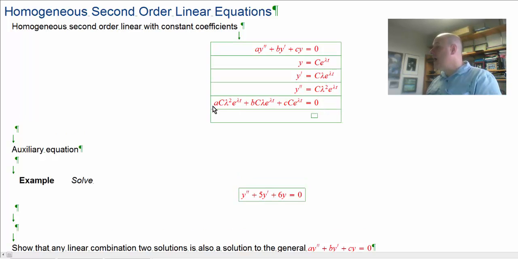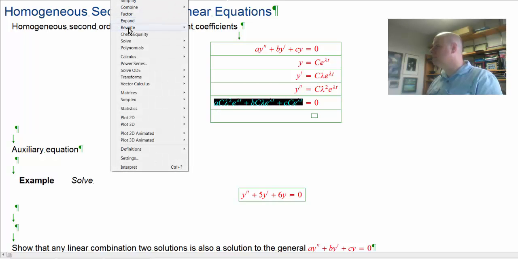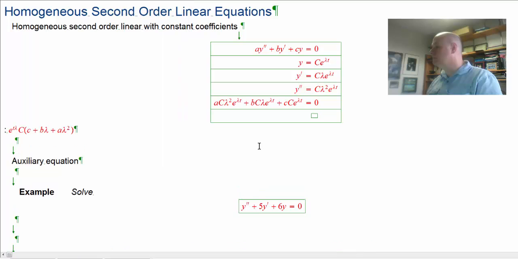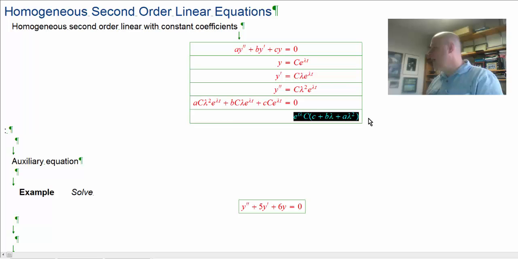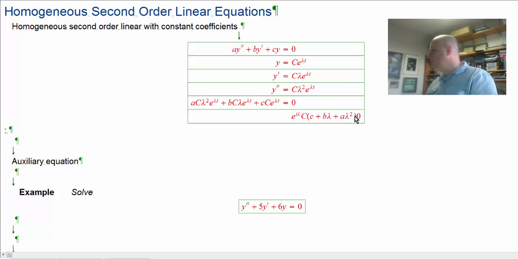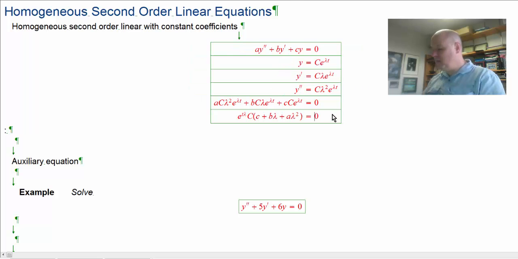Well, notice I can factor this side. When I factor it, I get e to the lambda t times C times this quadratic in lambda. So this equation has to be, well, I've got three things multiplied together to give me 0.